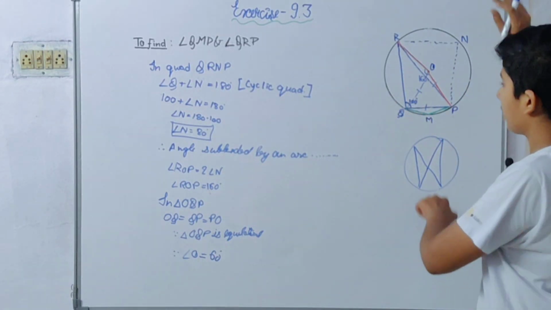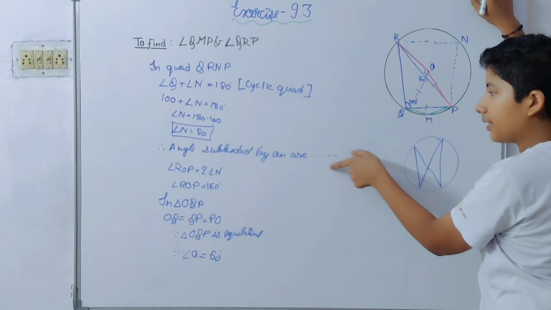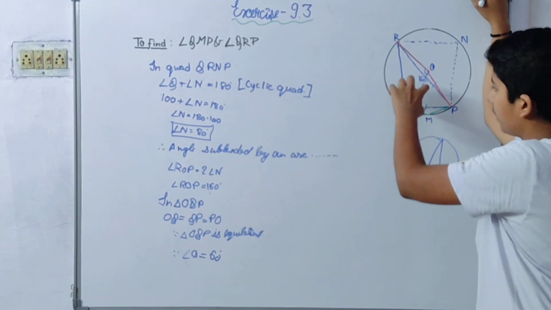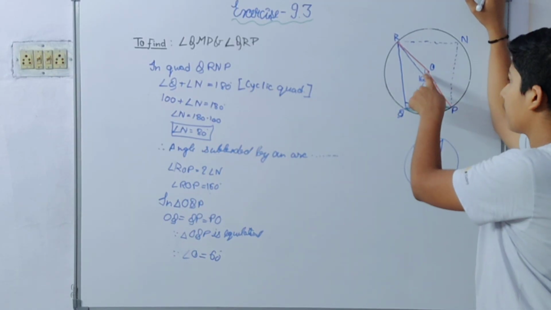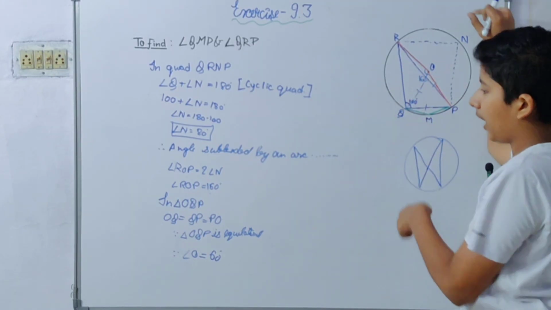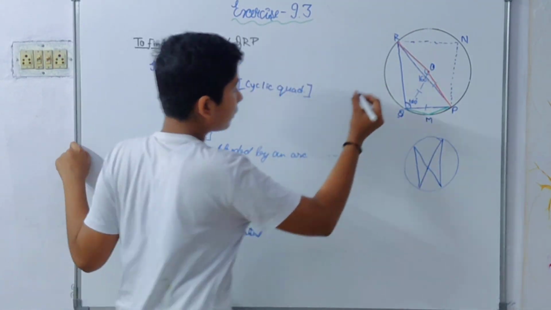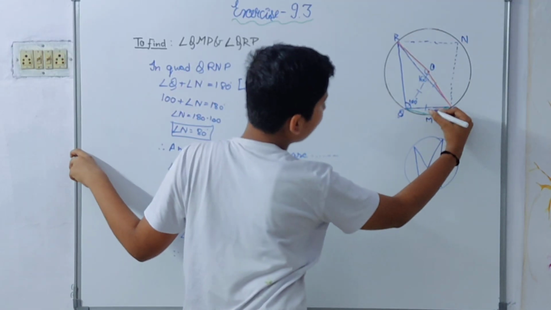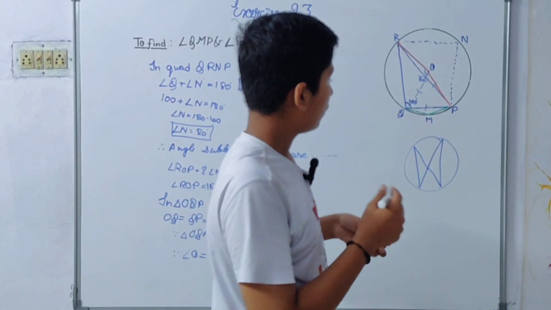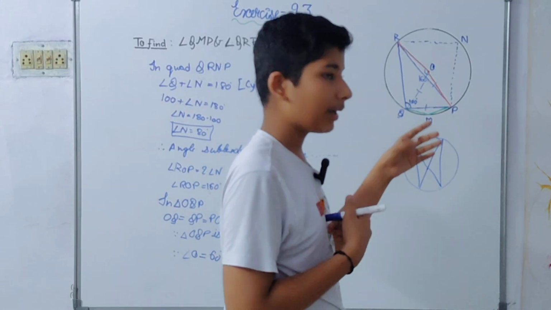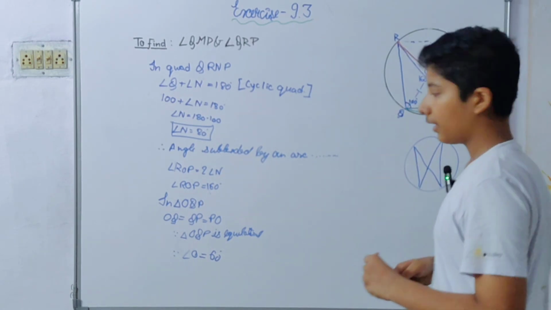But over here, if you see, the property that angle subtended by an arc is getting applied once more, because this is over here and this is going ahead, which means this 60 and this will be half. So if we find out this angle, we'll be able to find it by the property. No, we'll not be able to find this angle by the cyclic quadrilateral property. We'll have to use some other, that we'll see.